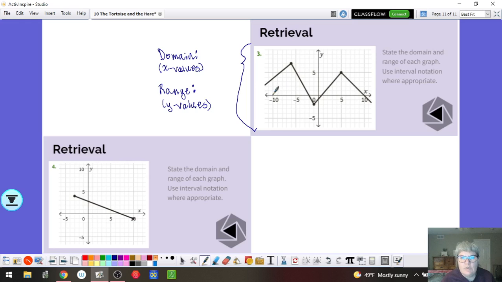If I go from left to right looking at x values, it appears that every x value on this graph is being used. Because I don't see any points on either end of my graph, I am going to assume that this graph can continue on. So my domain is going to be negative infinity to infinity.